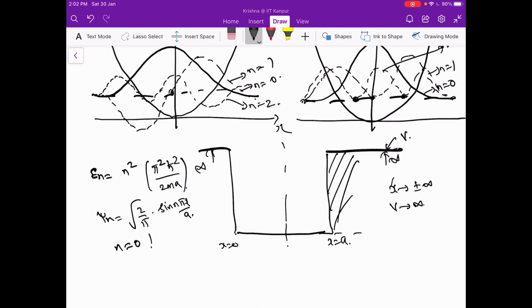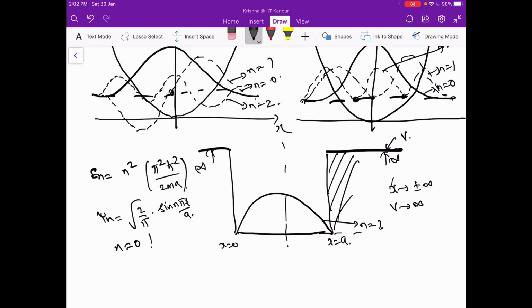So let's take a look at how things are in the square well potential. You will have this for n equal to 1, and n equal to 1 is the ground state, and for n equal to 1 you have no nodes. The ground state has no nodes for any of these solutions. Even for the harmonic oscillator, the ground state has no nodes. Similarly, for the square well potential also, the ground state has no nodes.